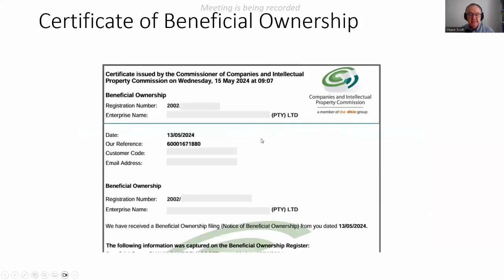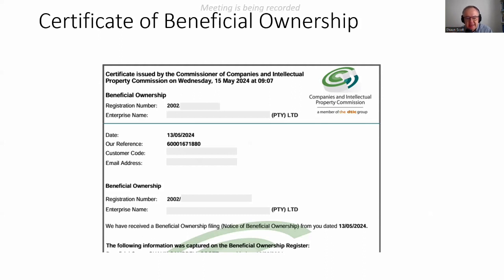The next thing that happens, once you've gone through the whole process, is you've got to upload documents supporting the declaration, including IDs and a whole range of share registers and other documents like that. There's also a requirement to have a document that confirms that you are the person who's been approved by the company to put this information in.